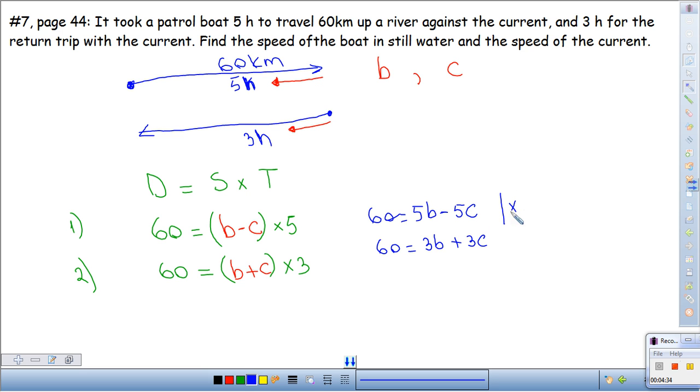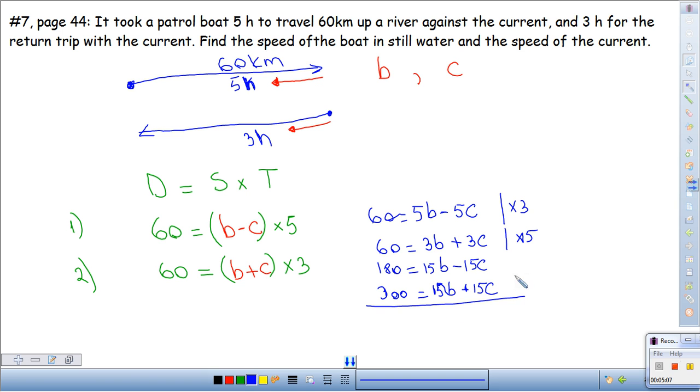So I'm going to multiply the first equation by 3 and the second equation by 5. And what I get is 180 equals 15B minus 15C. And times 5, 300 equals 15B plus 15C.